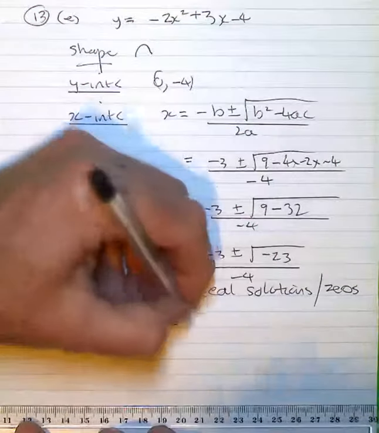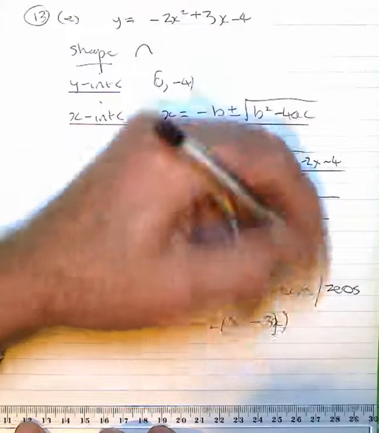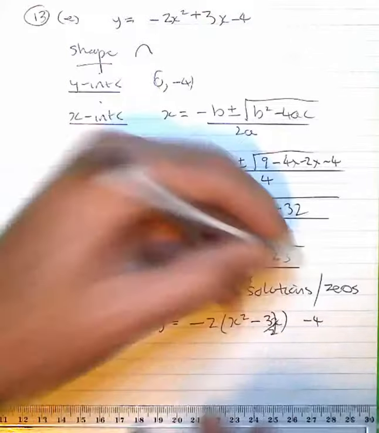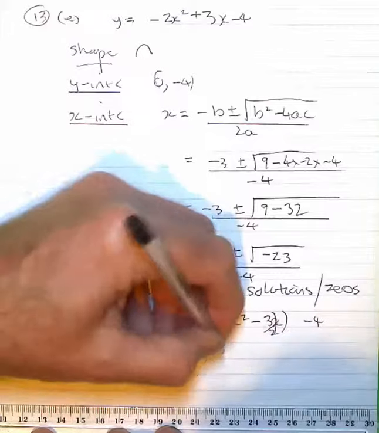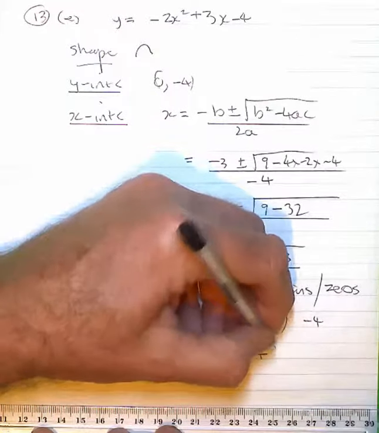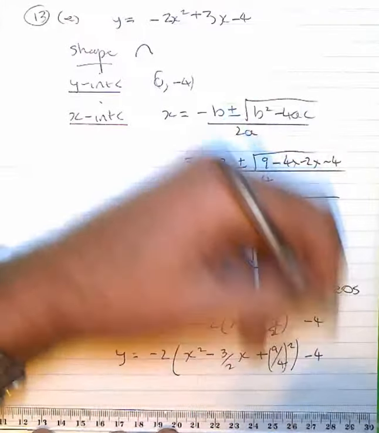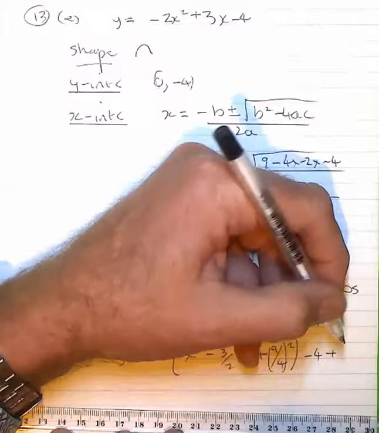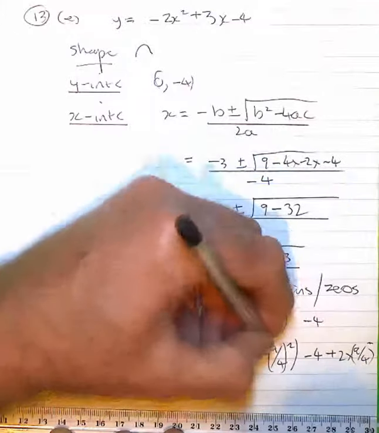So when I do that, taking the negative 2 out, halving and squaring the negative 3 over 2, now, when we go ahead and do that, that ends up being plus 2 by 3 over 4 all squared.